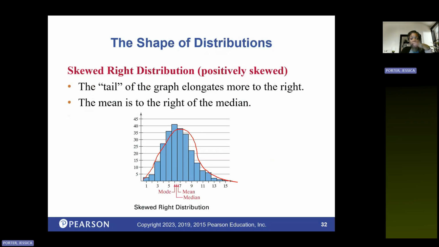In this case, the mode is on the leftmost, the median is in the middle again, and the mean is going to be on the right when you have a right skewed distribution. Because remember, the mean is being pulled to those far out values. So this is telling us with right skew that I have some values that are much higher than the rest of the distribution.